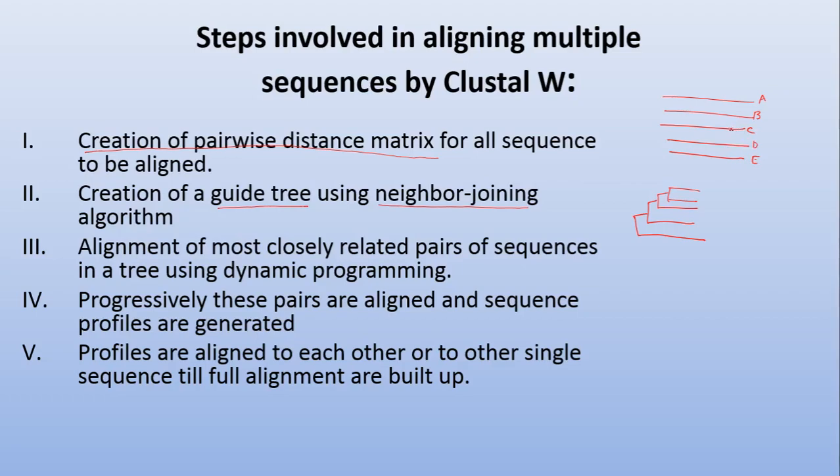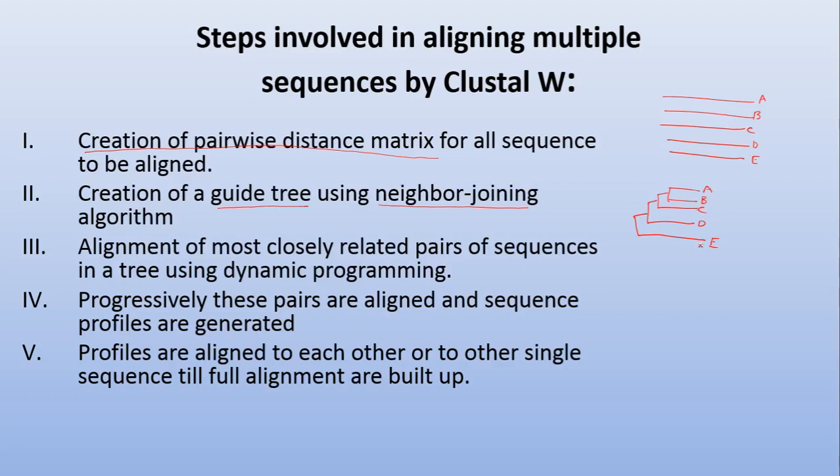You would convert this sequence information into some numerical form by creating something called the distance matrix. And using data from the distance matrix, you would create a guide tree, and based on the data that you obtain in this guide tree, you would go on for the further process.